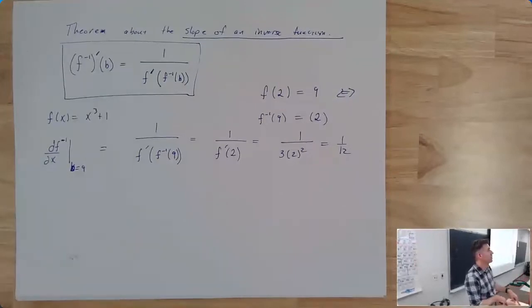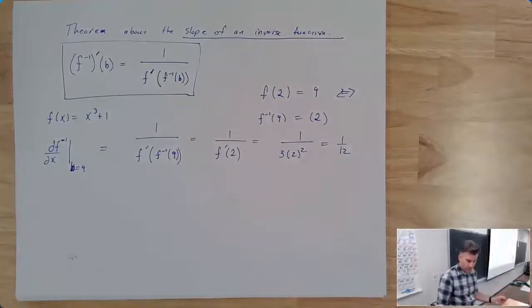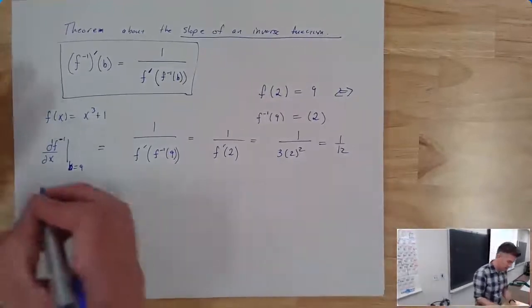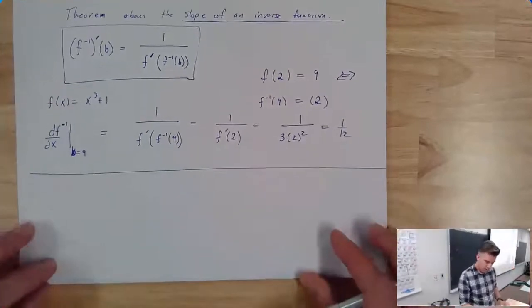You want to repeat that? We're doing the operation of the inverse on the output of the original function. Yeah. So then you can move away from the picture and ask questions.